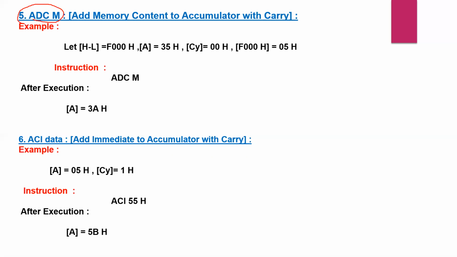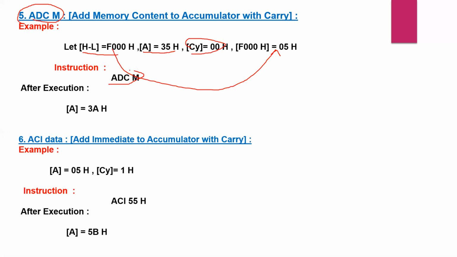In this instruction, the content of memory location whose address is stored in HL register pair and the content of carry flag are added to the content of accumulator, and the final result is placed in accumulator. For example, let HL pair contains data F000H and accumulator contains data 35H. Our carry flag is 00 and this F000 contains data 05H.